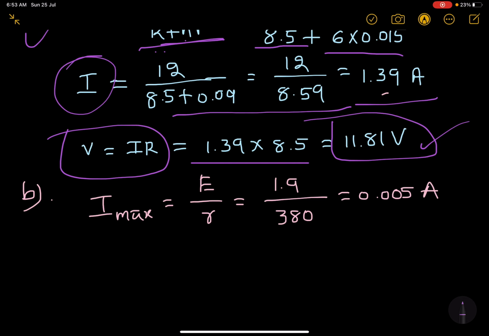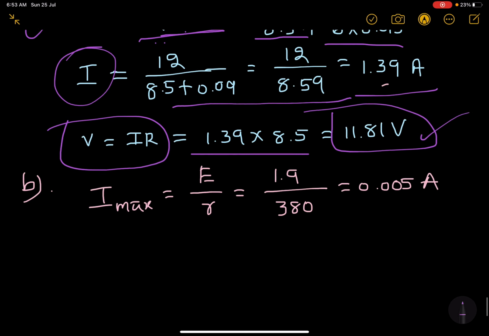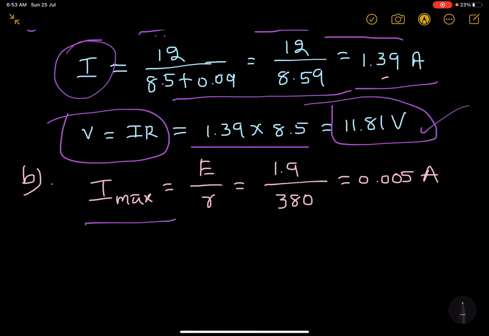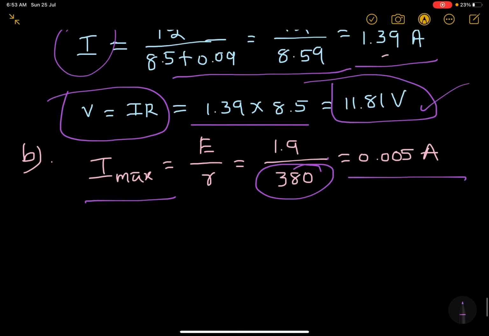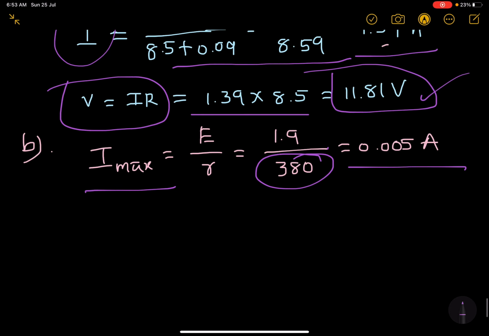And for the second question, we find the maximum current I max = E/r, where E = 1.9 and internal resistance r = 380 is given, so 1.9/380 gives 0.005 amperes. A large current of approximately 100 amperes is required to start a motor for a few seconds, so it cannot be used in a car.